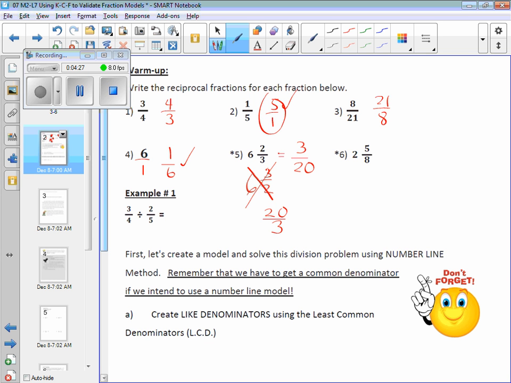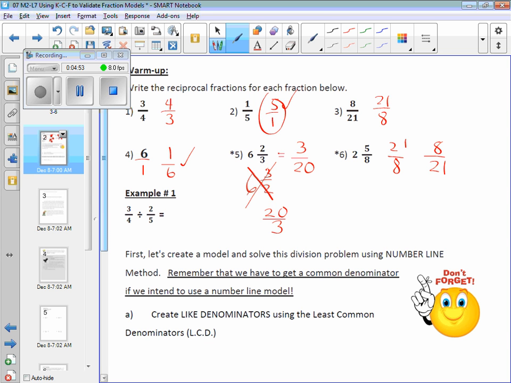What about 2 5/8? Thorny. You're close. That's what it is, improper, but now what? Because you're still not done. Right, you flip it.